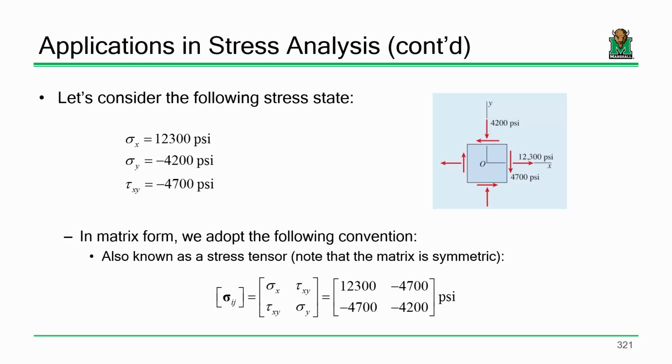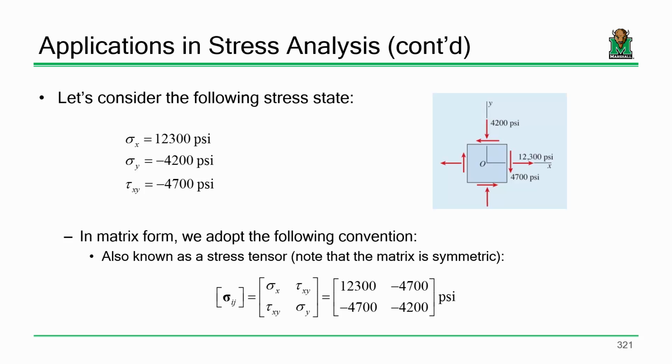So let's consider the following stress state. For the units, they really don't matter, but I threw them in there. We'll say they're in psi. 12,300 psi in the x direction, negative 4,200 in the y direction, and negative 4,700 for shear. So remember, positive stresses correspond to stresses in tension, right? We say that because tensile stresses tend to elongate, make the member get longer.